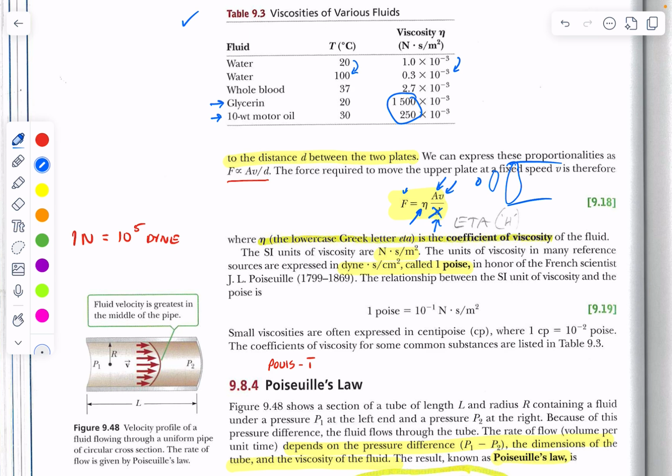I said that incorrectly. So here's your D. And you would expect then that the longer the tube through which the liquid has to go, it's going to affect the ability of the liquid to go through that tube.